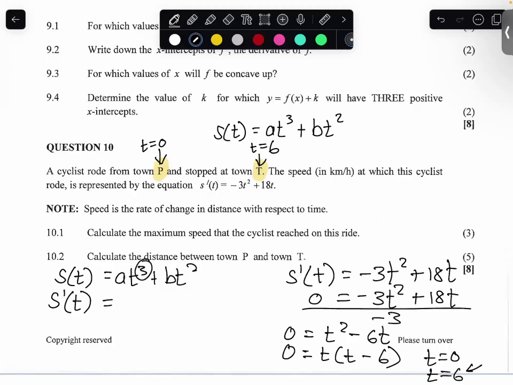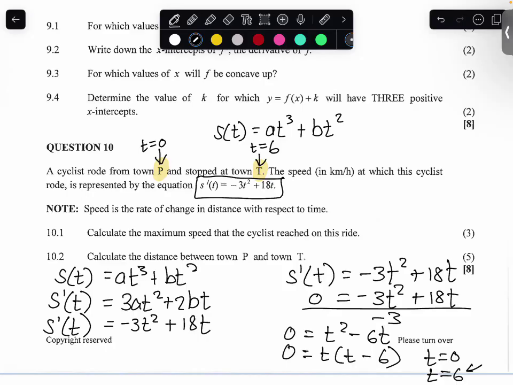It's going to give me 3 times A gives me 3At squared, and 2 times B gives me plus 2Bt. I also have the derivative equation here. And the reason that I'm doing this is to solve for A and B, and you'll see how now. This S prime t is also equal to minus 3t squared plus 18t.